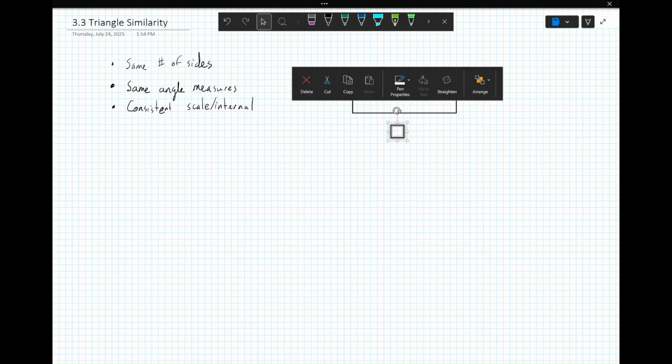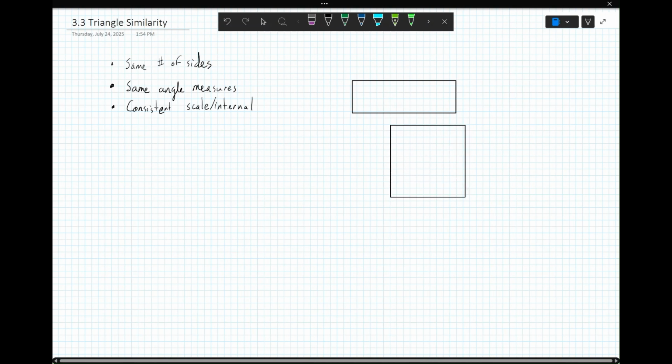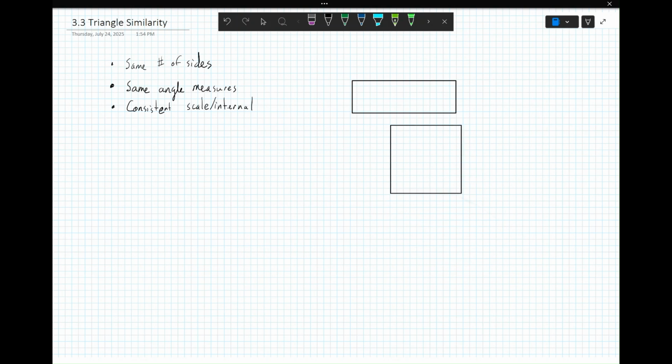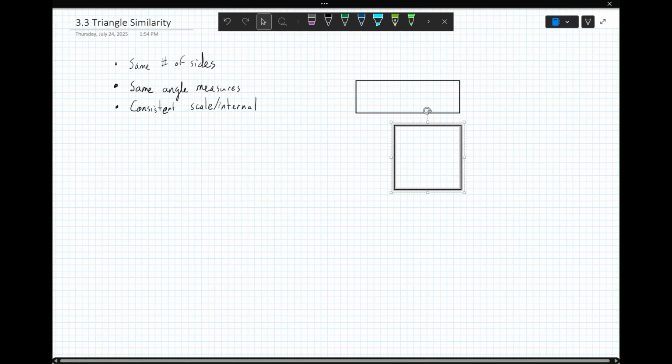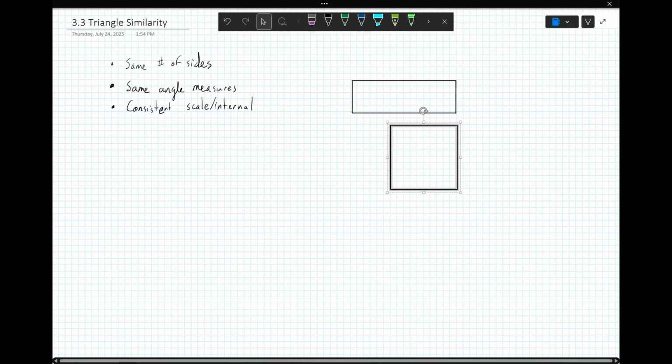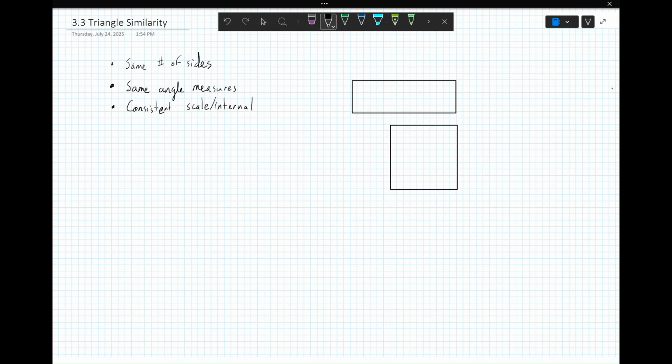You may notice that if I try to take this shape and pull at the corner, which keeps the consistent scale factor, this will never look exactly the same unless I adjust the internal ratios to match. So we need some sort of consistent scale or internal ratio or scale factor.